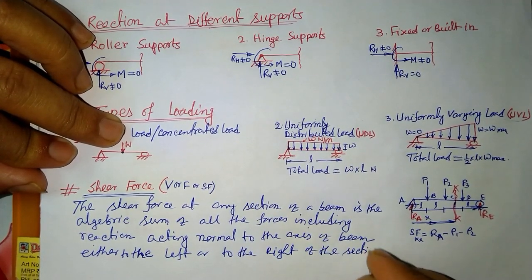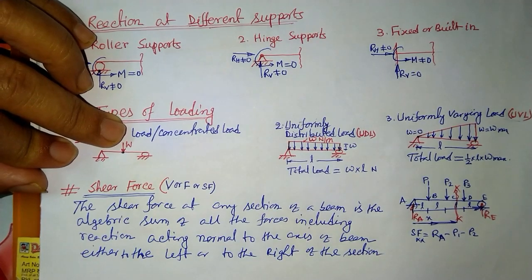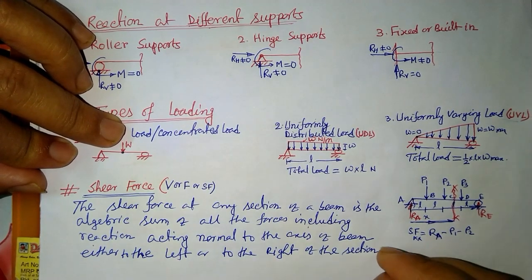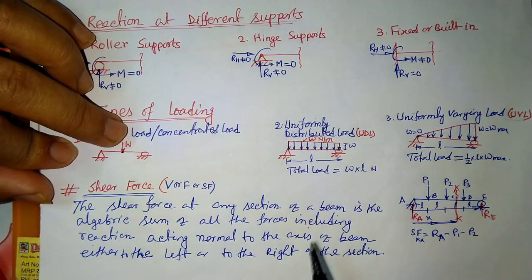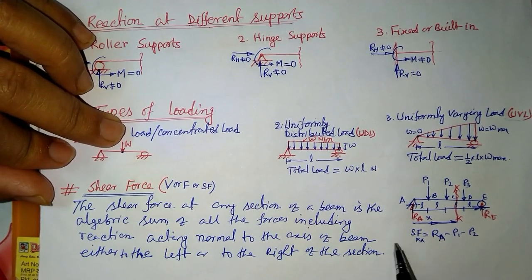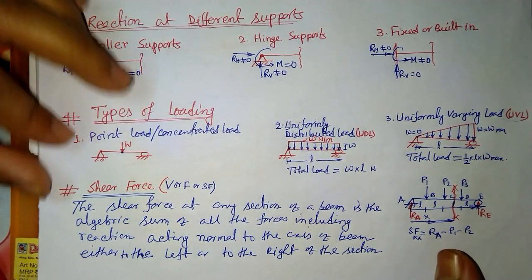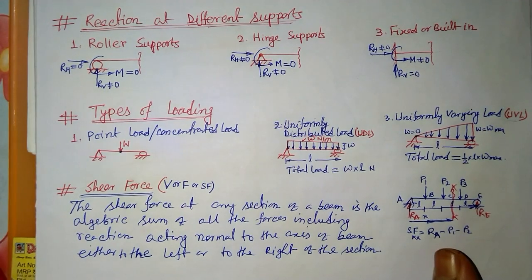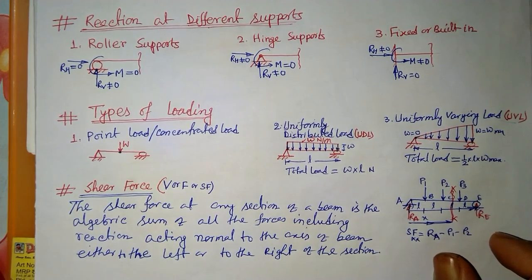So the algebraic sum of normal forces including the reaction acting on the beam axis is our shear force. We have already seen how to calculate the shear force. So this is about our shear force.